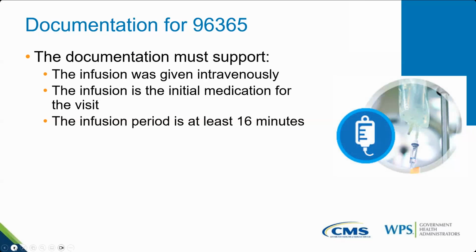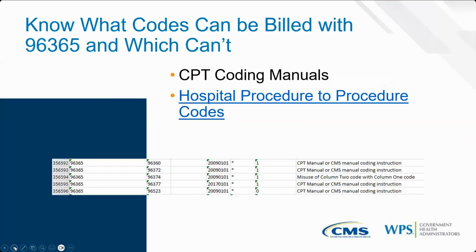All right. As we move on, again, know what codes can and can't be billed with the 96365. Just as with the chemo drugs, there are certain codes that can't be billed together and others that can, but they may require a modifier to be used in the documentation to support that.